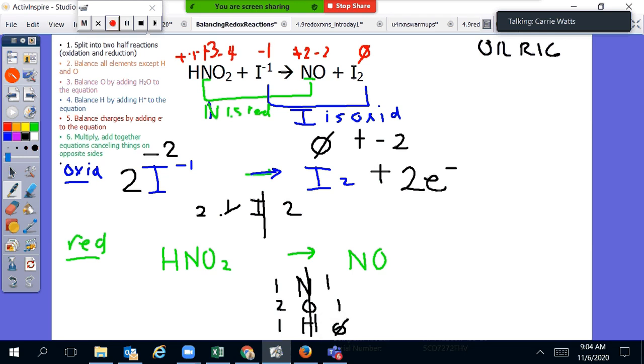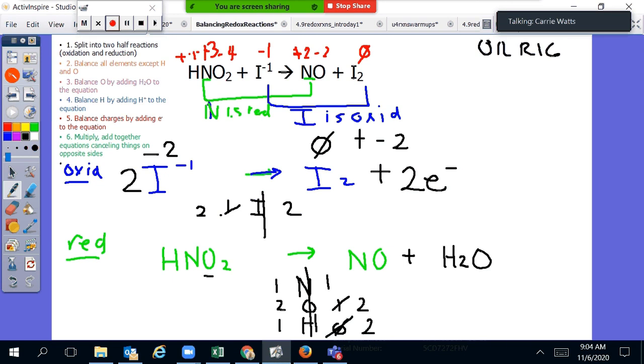N is already balanced, and that's the only element other than oxygen and hydrogen, so we'll go down to the oxygen. Since we have 2 on the left, we've got to balance it by adding a water on the right. So now we have 2 oxygens on the right, but we now also have 2 hydrogens on the right.